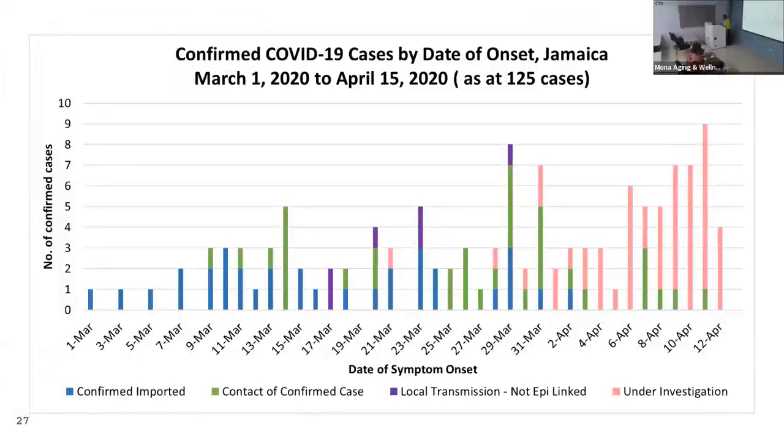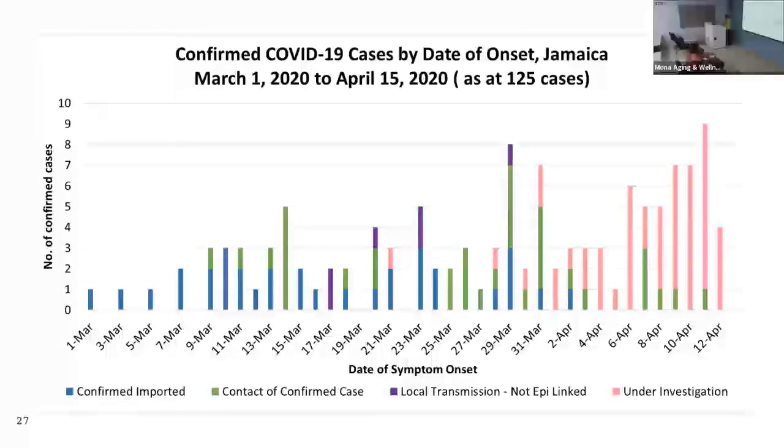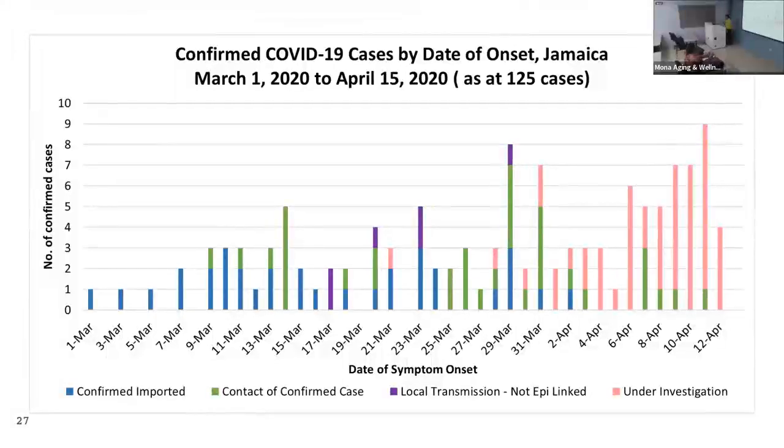So this is the confirmed COVID-19 cases between March 2020 and April 2020. So that is, remember the first case was March 10, 2020. So that's very, very early in the outbreak. And so you had one case, but it's a bit complicated because you had the imported cases coming. So you had in blue, it's several imported cases in different parts of the country.